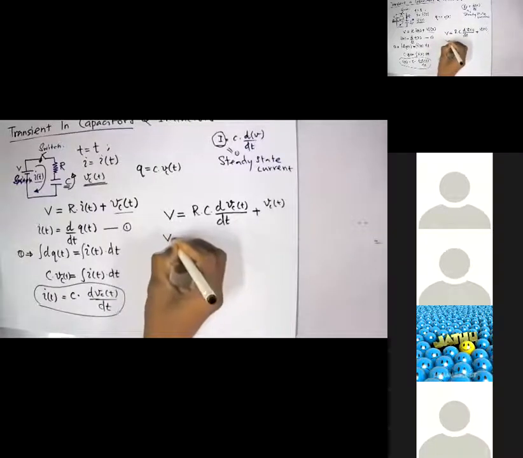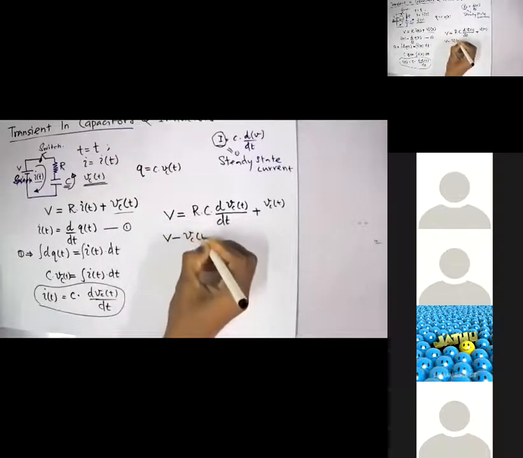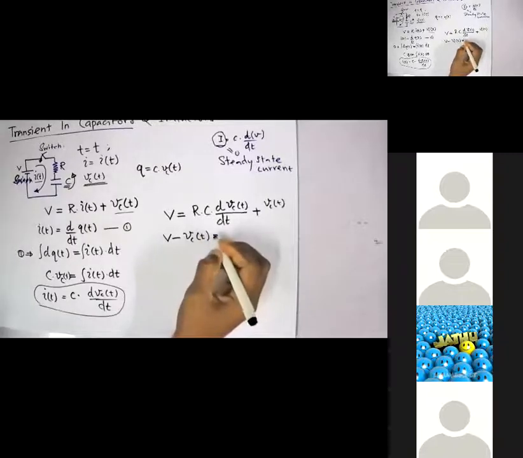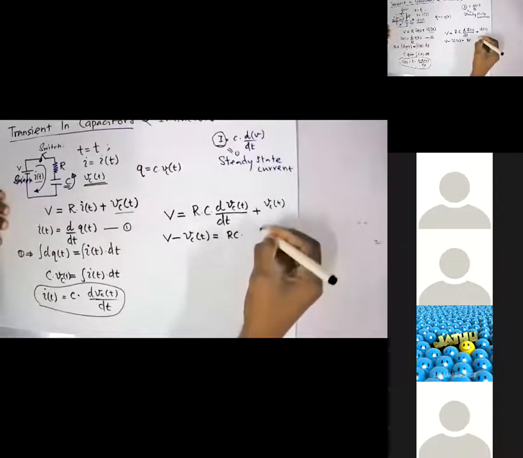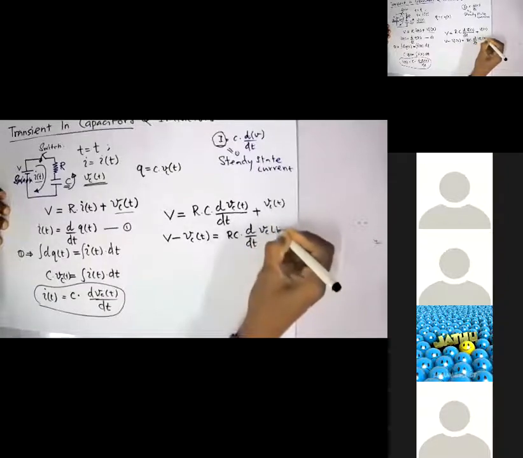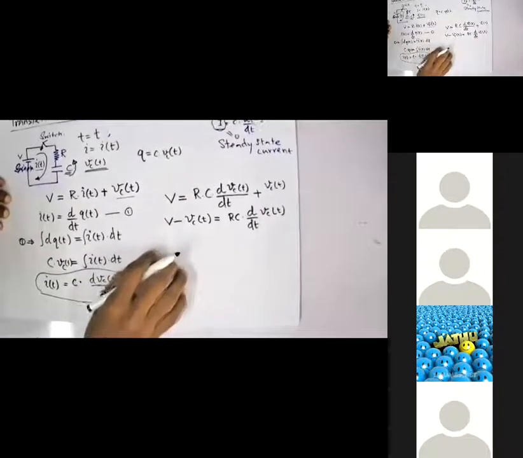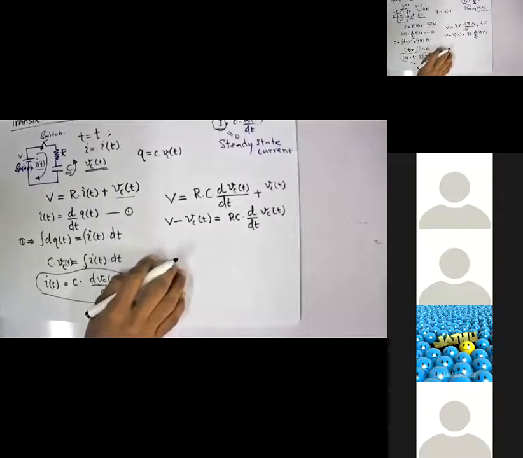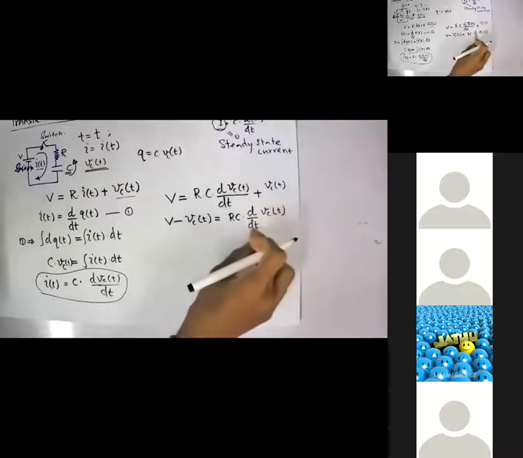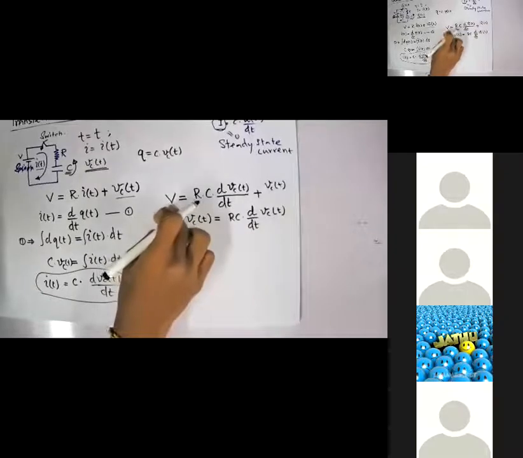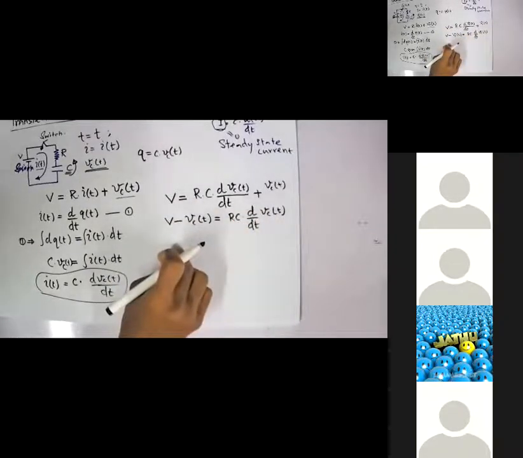So that will be V minus Vc of t equals RC into d/dt of Vc of t. Clear, right? Now again, dVc of t will be there, so bring this dt here and then RC at the bottom, right?